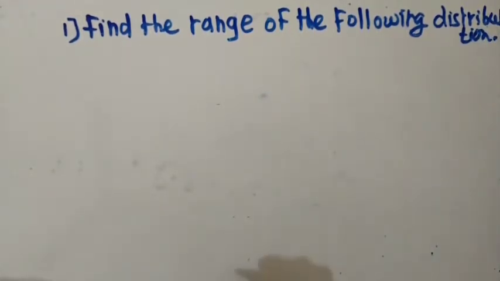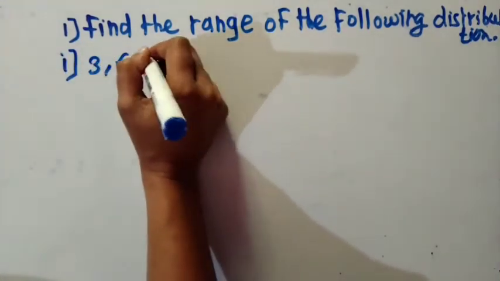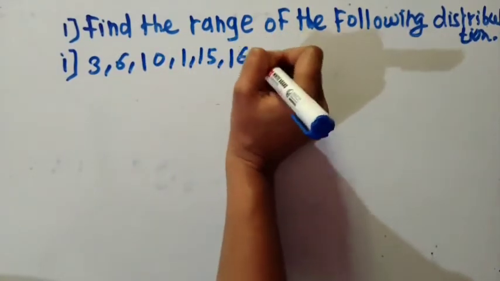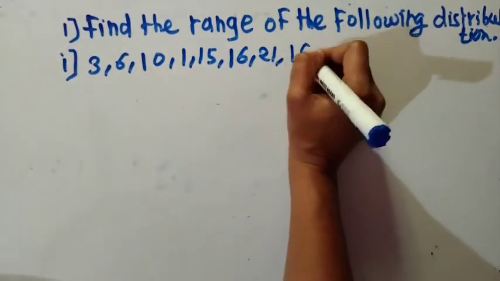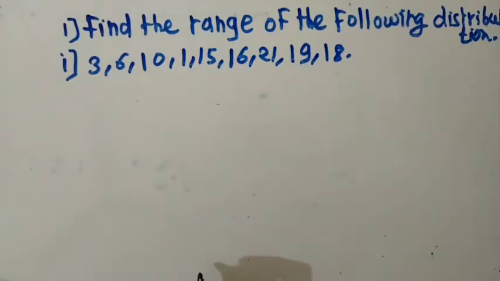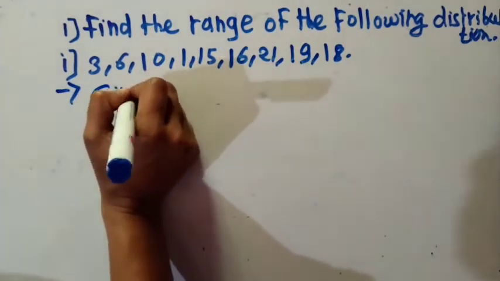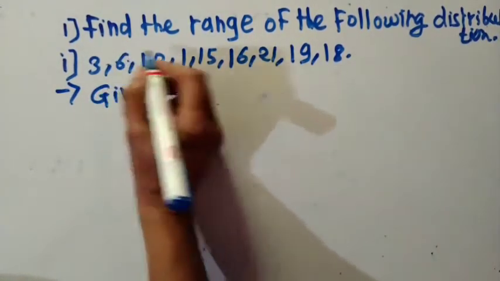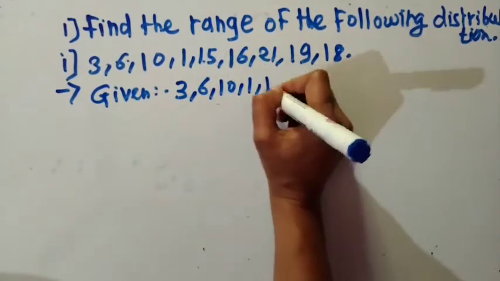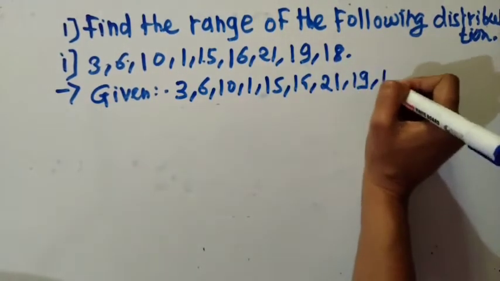The data is 3, 6, 10, 1, 15, 16, 21, 19 and 18.